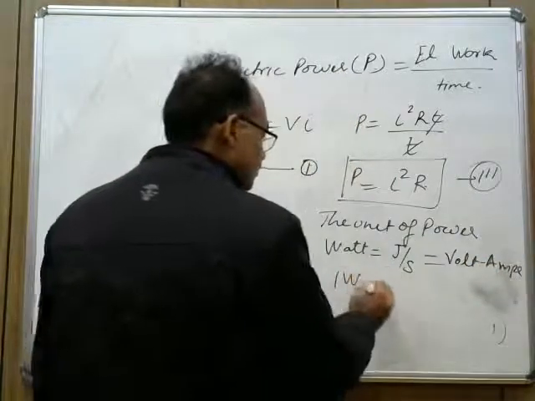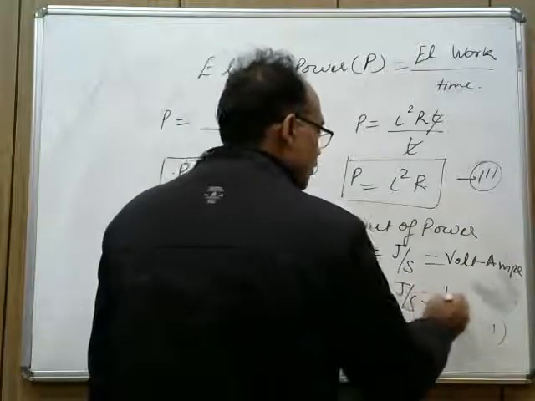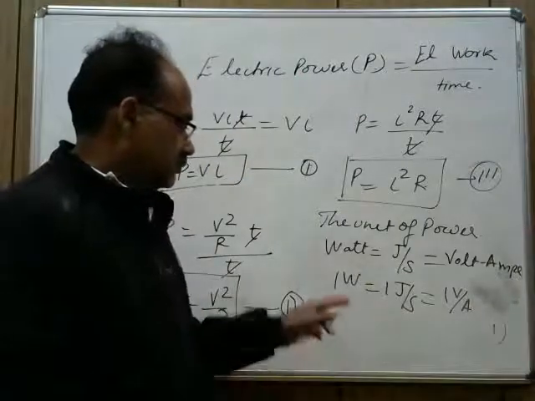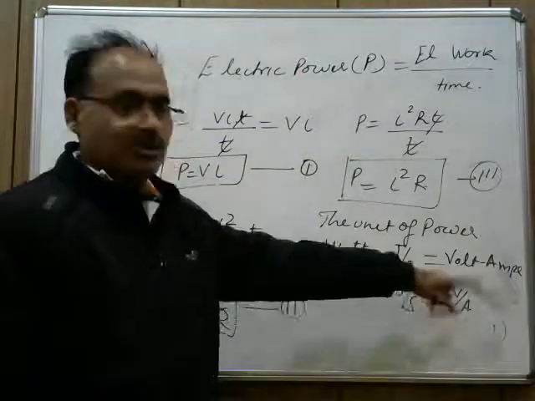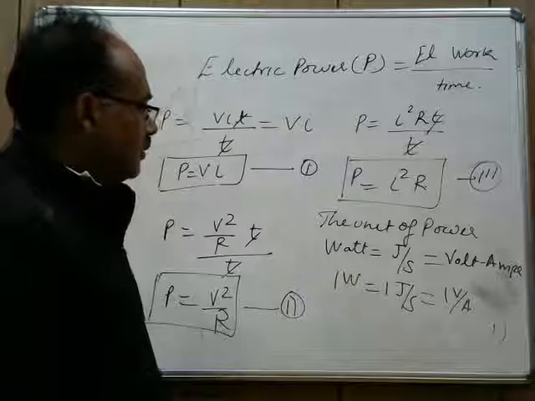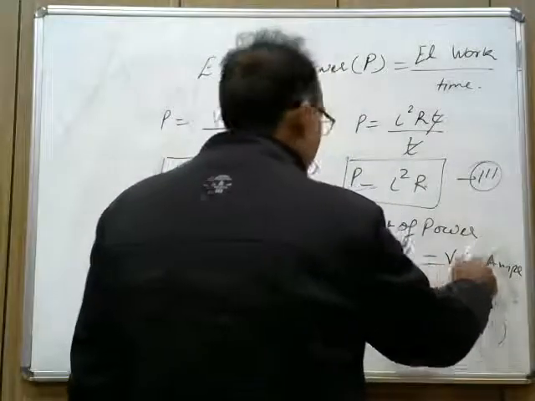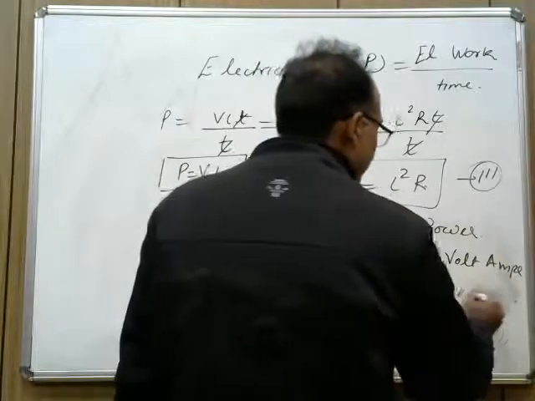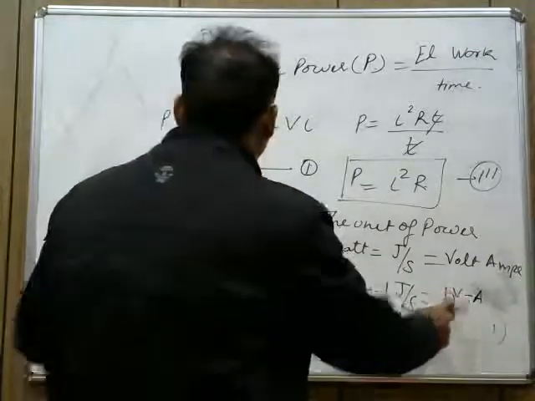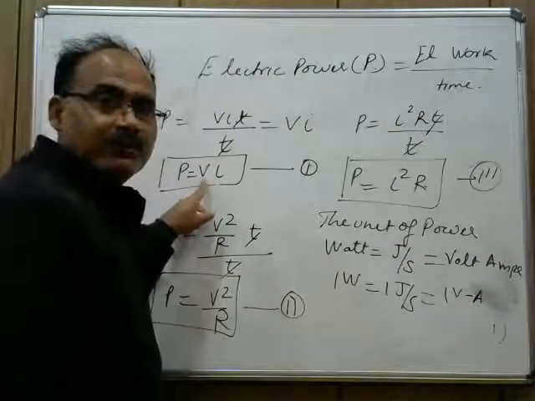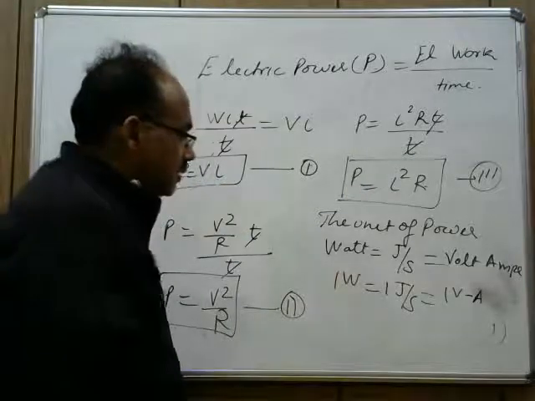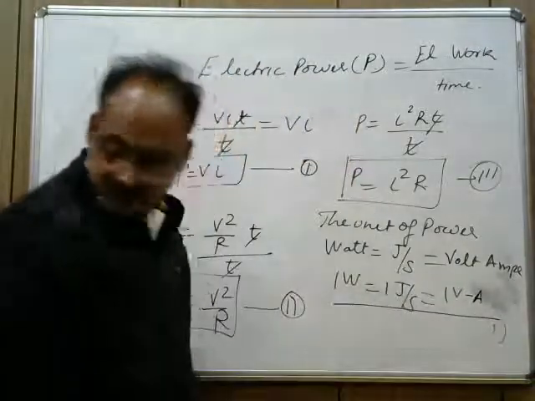That is, 1 watt is equal to 1 joule per second is equal to 1 VA, that is volt ampere. It is not per ampere, it is multiplication, volt ampere VA. Here I have written correct. From this unit, the SI unit of potential difference is volt, and the SI unit of current is ampere. Clear? So these are basic formulas for the power.